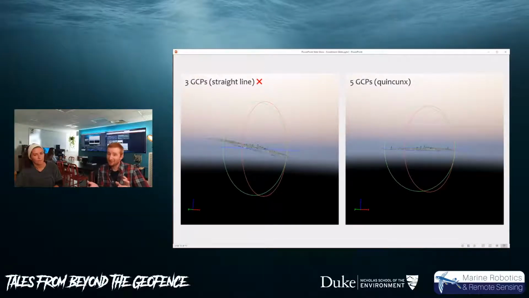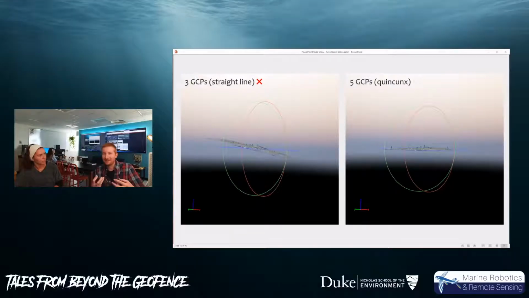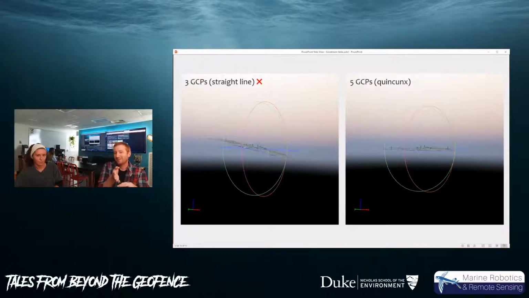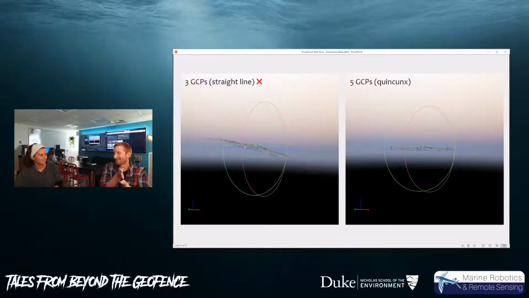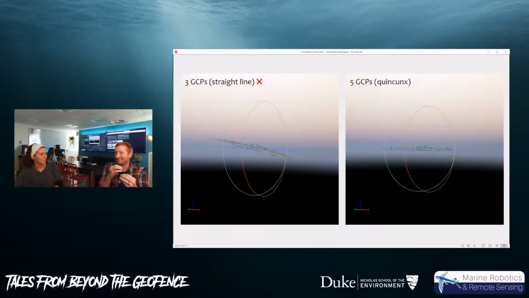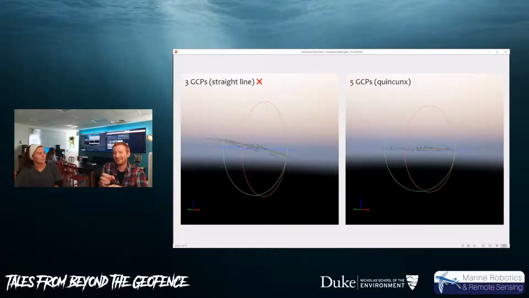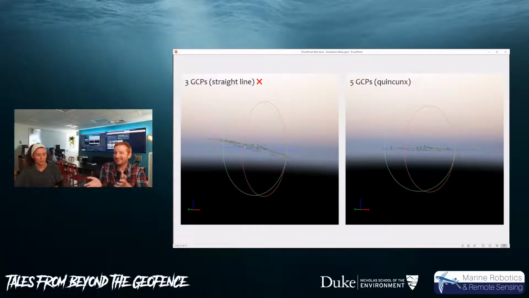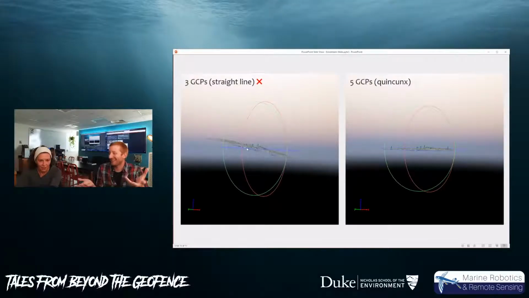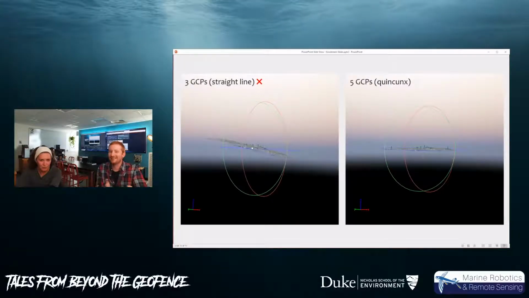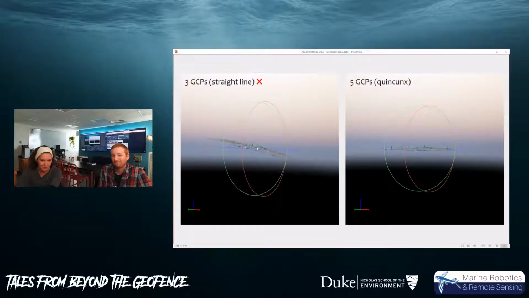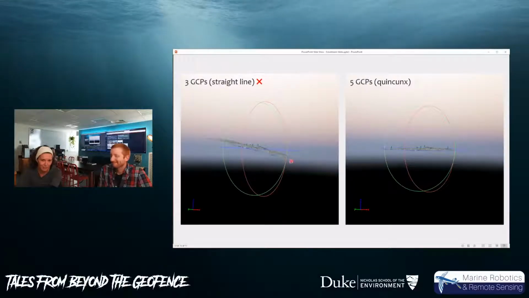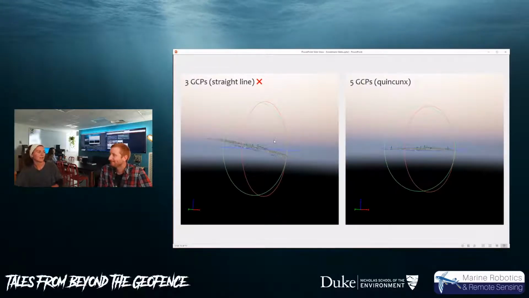If you were to look at the quality report coming out of something like what's on the left side here, where your 3 GCPs were very nicely fitting to their GPS coordinates and vertical datum, it would show you a really low projection error, but obviously that's because down the middle it's pretty accurate, at about 0 meters. It's not showing you that this is like 5 meters and this is like -5 meters. It's kind of hidden in the quality report.